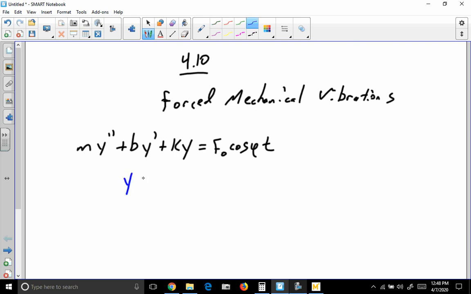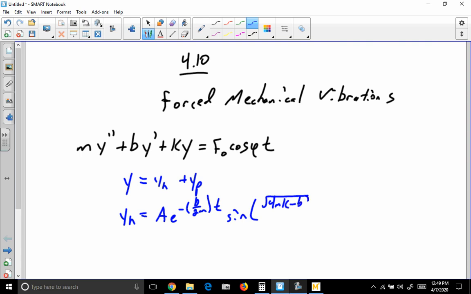Remember that our solution is a combination of the homogeneous solution and the particular solution. The homogeneous solution is what we looked at in the last section when we have no external force, and that was A e to the negative b over 2m times t times sine of the square root of 4mk minus b squared over 2m t plus phi.